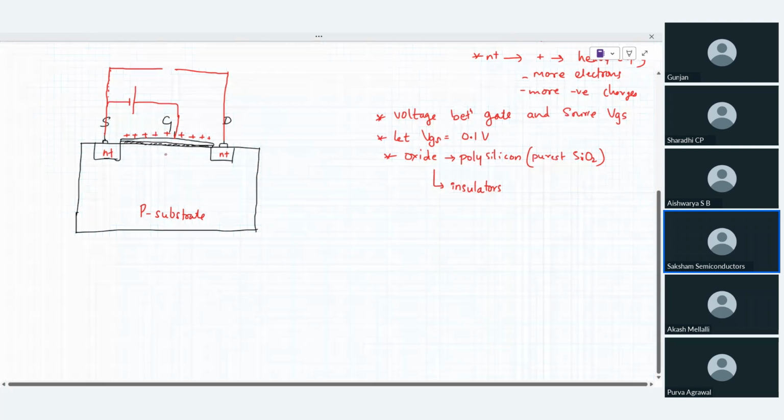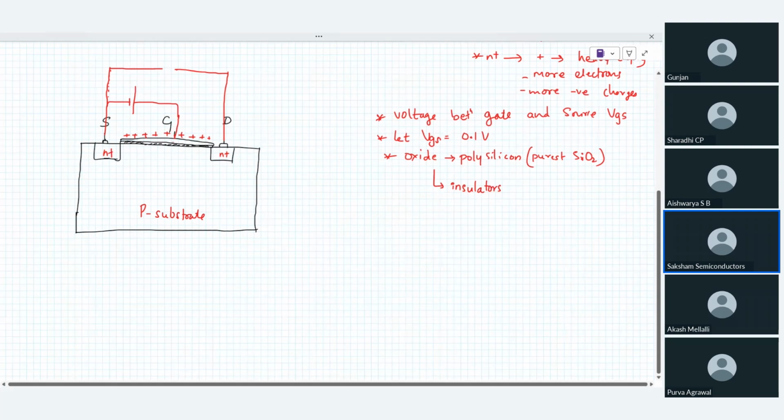If that flows, that means there is a gate current. Whenever any charges flow, what does that mean? There is a current flowing. So I should not allow any charge to flow inside or penetrate within this particular MOSFET. So these positive charges come and accumulate over here.